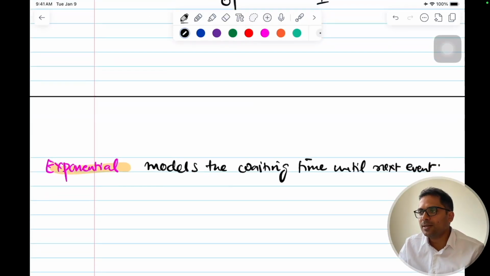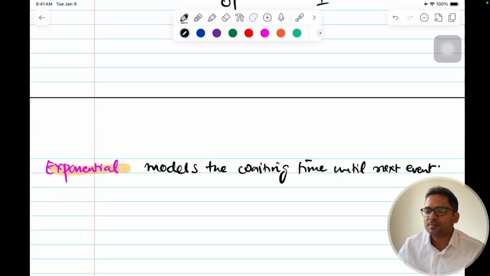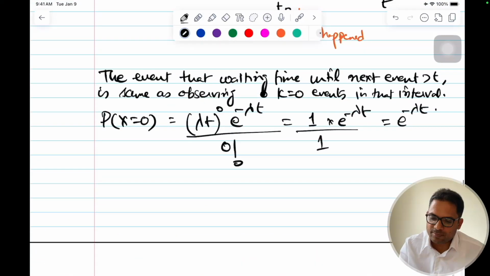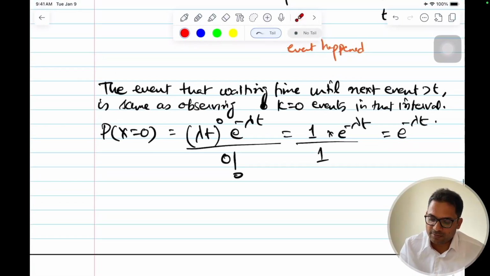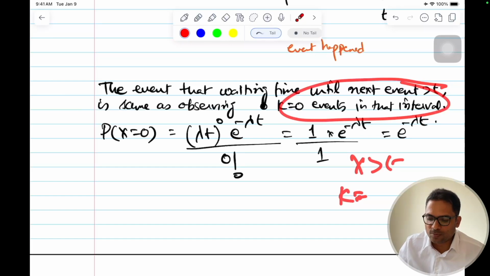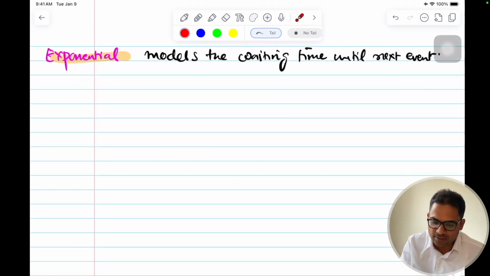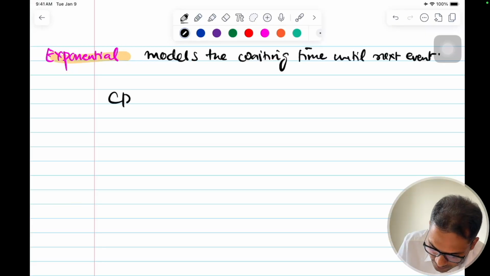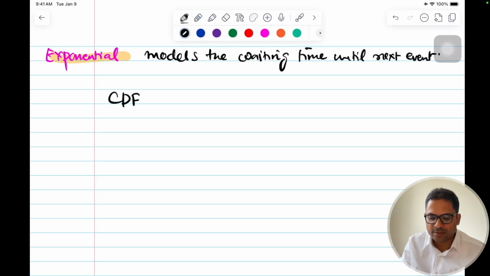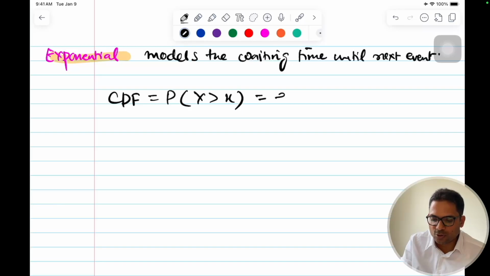So what is the probability? Same thing: the event that the waiting time x is greater than t is similar to observing 0 events. We know from the CDF that the probability of x greater than x is equal to e to the power minus lambda x. We have seen this earlier.